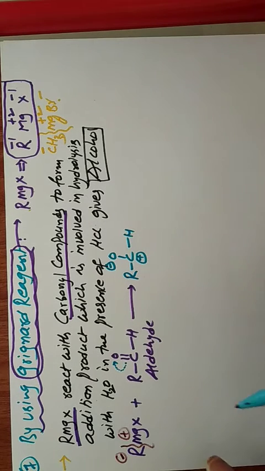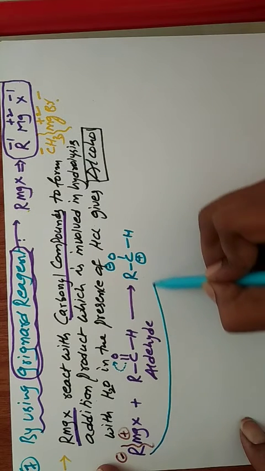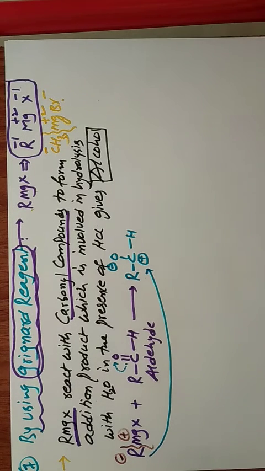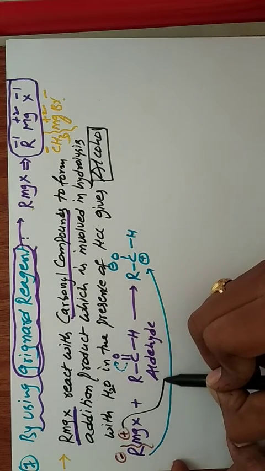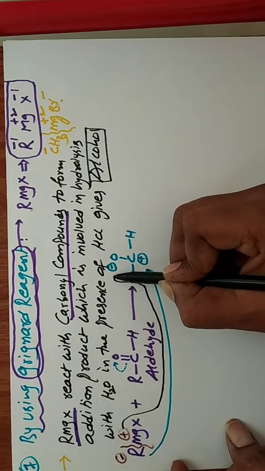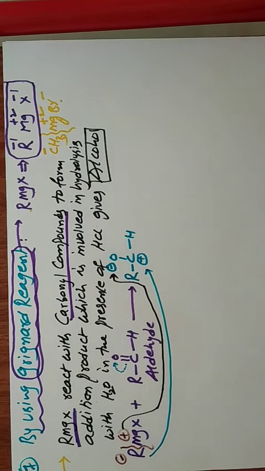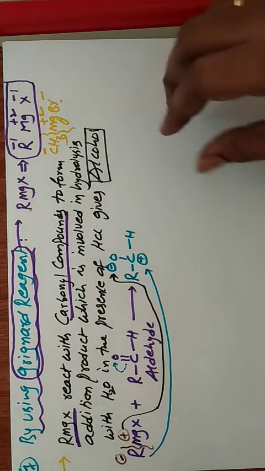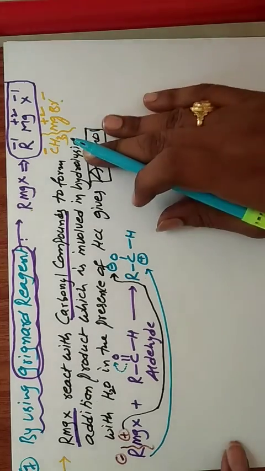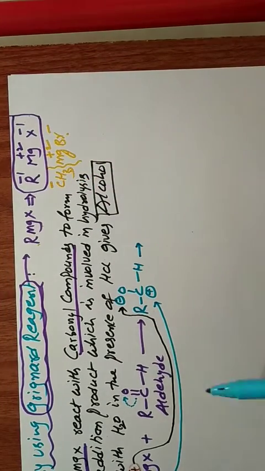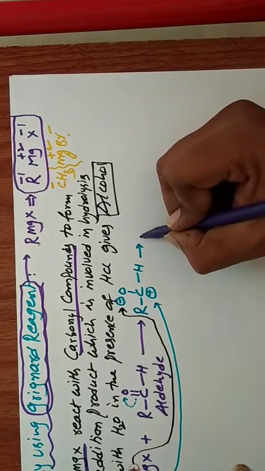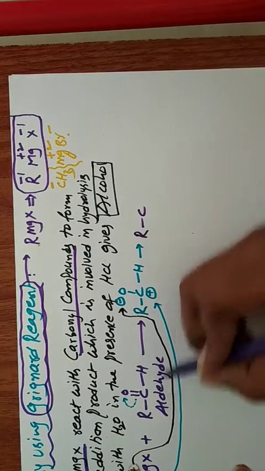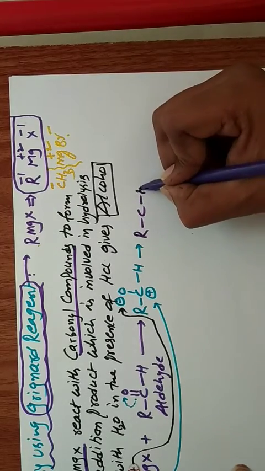This alkyl group is attached to this positive carbon. Now what can we get? The aldehyde R is the same, carbon, bond, hydrogen is also the same. This R minus is attached to C plus.